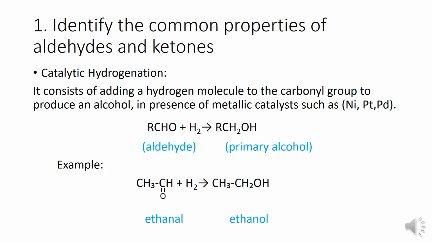Let's take an example. Ethanal, CH3 C double bond O H, add to it H2 in presence of hot nickel. The double bond is going to break down, and one hydrogen atom is bonded to the carbon of the carbonyl group and the second hydrogen is bonded to the O. What do you get here?